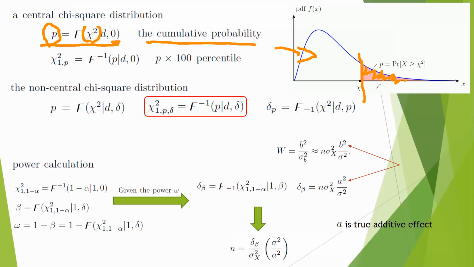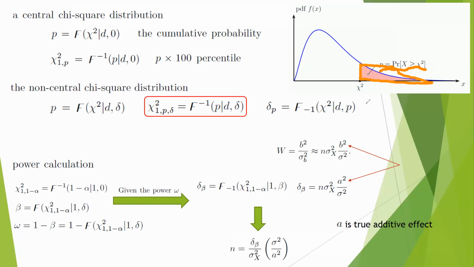So what is this? Can anyone tell me what is this area under the curve here? This is something like the normal distribution. We use a cutoff, and this is the 0.05, right?